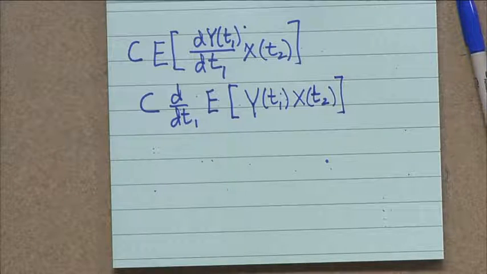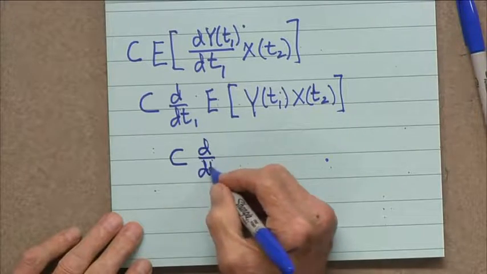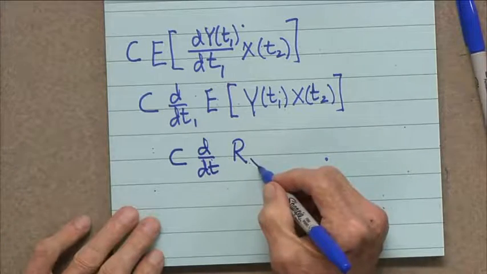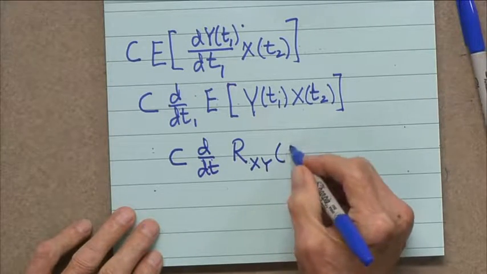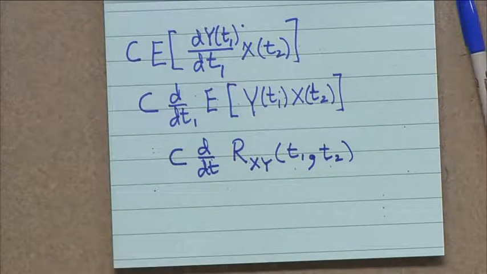That's the cross correlation between x and y. So this is C d/dt1 of Rxy, t1 and t2.